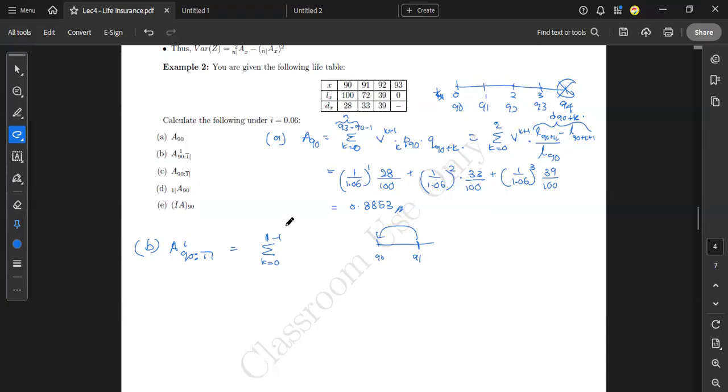So v to the k plus 1 times the deferred probability is 1 over 1.06, and again L90 and D90.